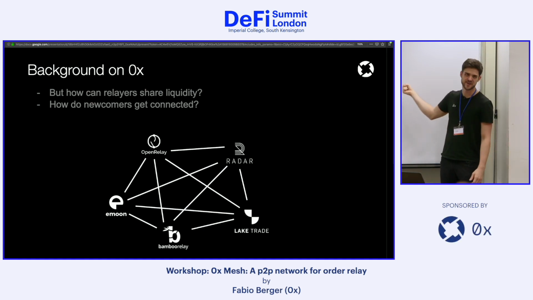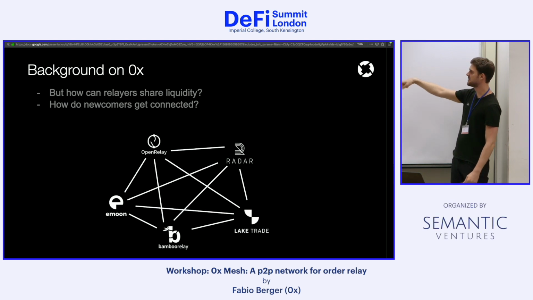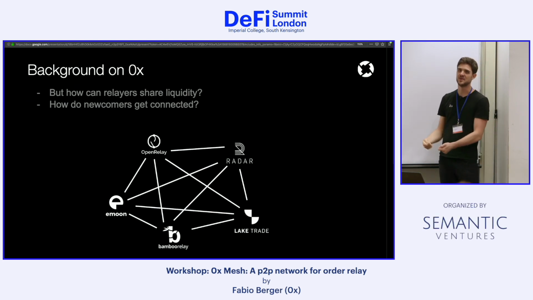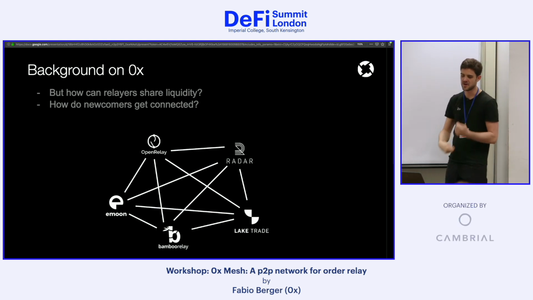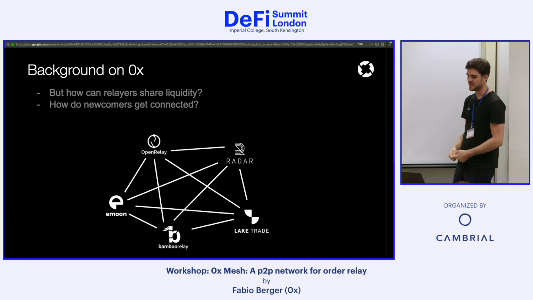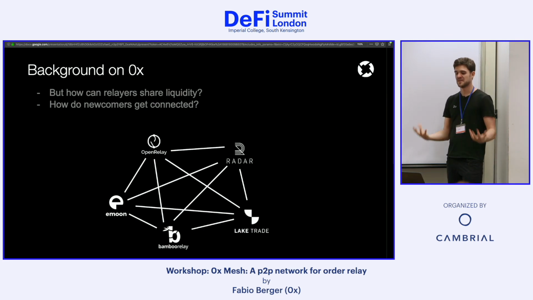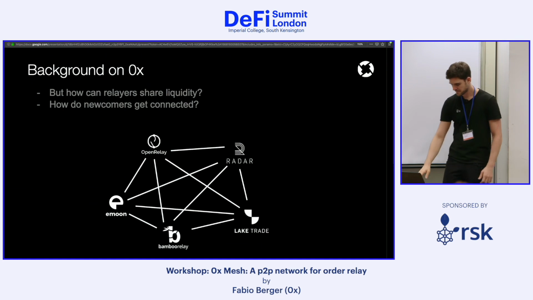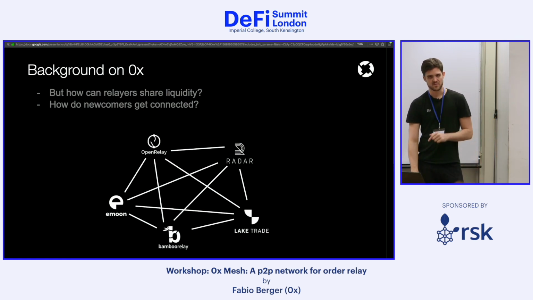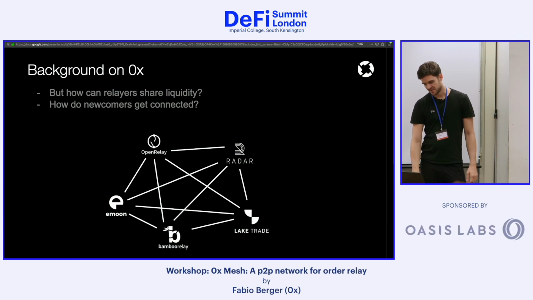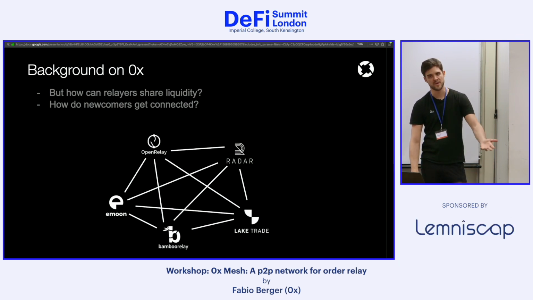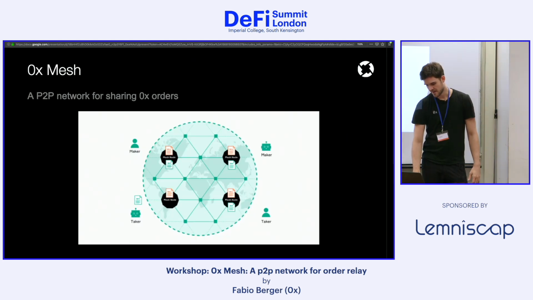And as soon as a new relayer pops up, he can connect to all the other ones, but if he wants them to pull from him, they need to do engineering work to make that happen. So it's very costly, it's very cumbersome. And so what we've seen is there hasn't been as much sharing of liquidity. And this is actually one of the reasons for why we built Mesh, is we wanted to solve this problem in such a way that anyone can share liquidity with anyone without knowing who they are ahead of time.